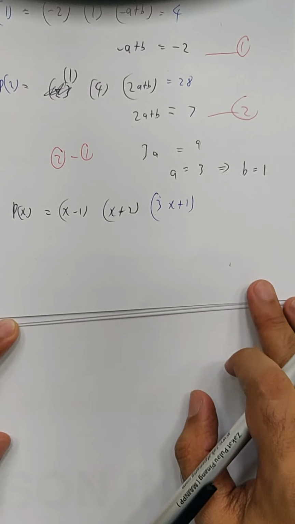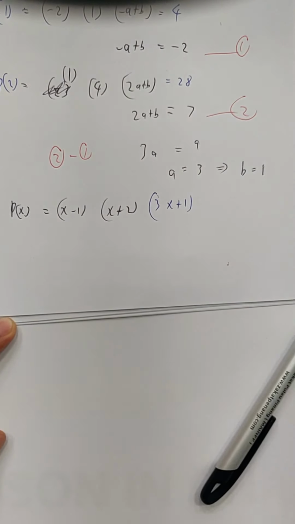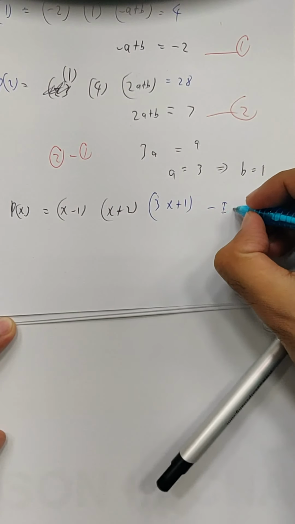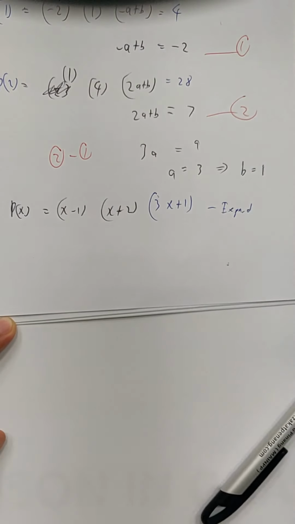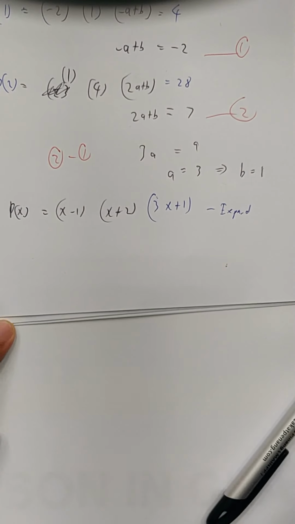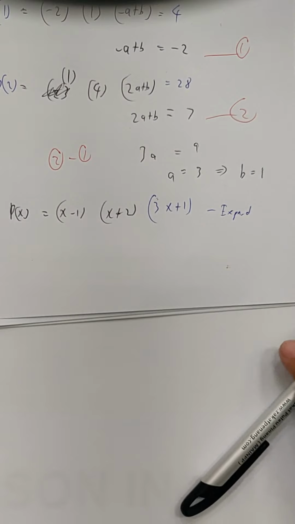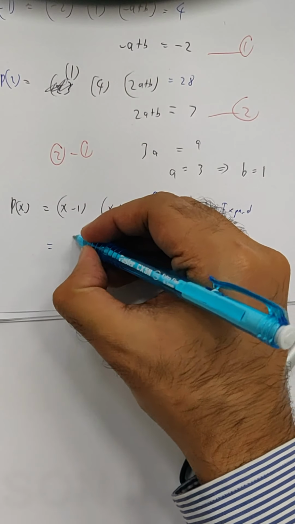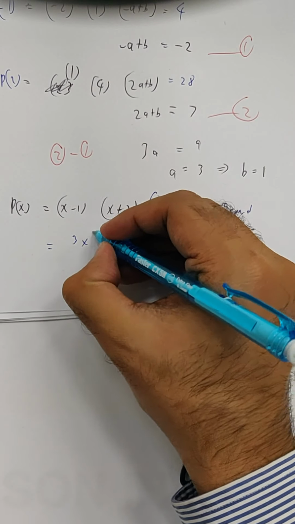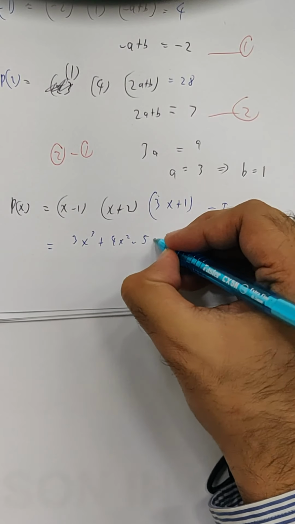Yeah, they ask for the expansion: find the polynomial of degree 3. So we just need to expand. If you are careful with the expansion, I'm not going to do it here, you should be able to get 3x cubed plus 4x squared minus 5x minus 2.